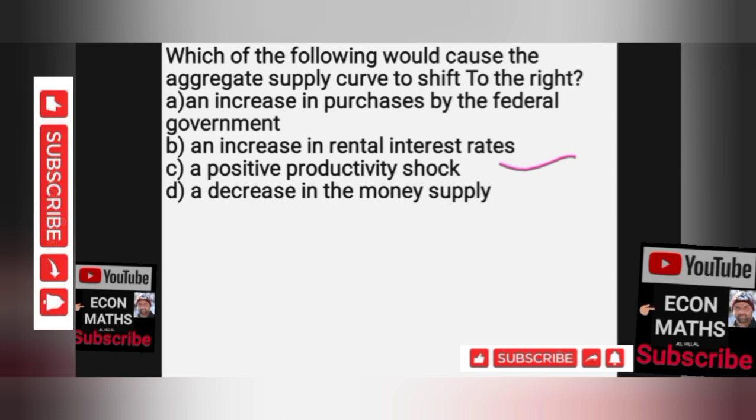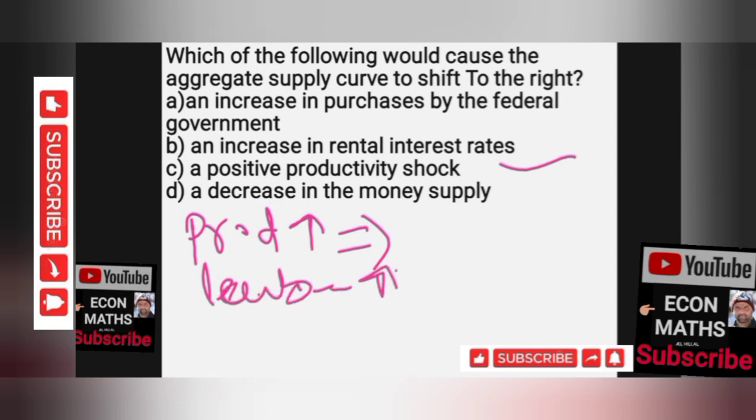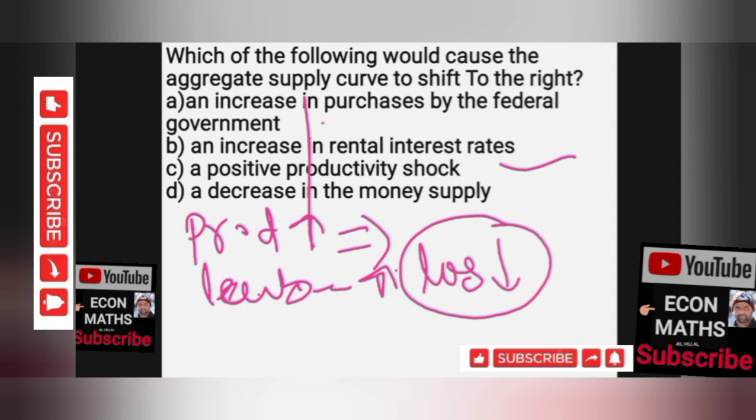How? Because the aggregate supply curve shifts to the right as productivity increases. If productivity increases, this will directly imply that input prices will decrease. Let us say labor efficiency increases. If labor efficiency increases, that means labor cost will decrease. Because of the decrease in the labor costs, aggregate supply will shift to the right.